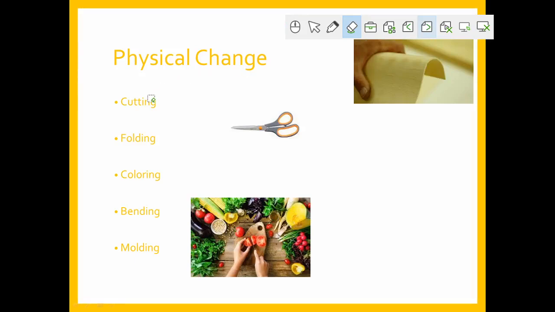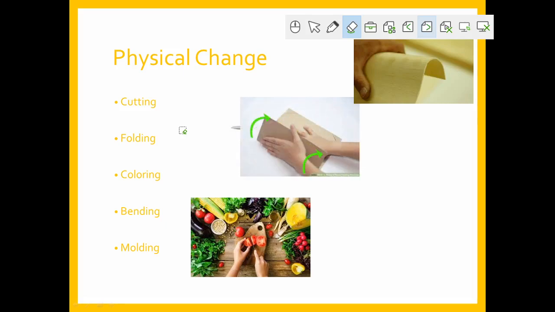Physical change, we have examples of physical change like cutting paper, cutting vegetables, cutting fruits. Here we're going to cut, look here, she's cutting the tomato or chopping the tomato.